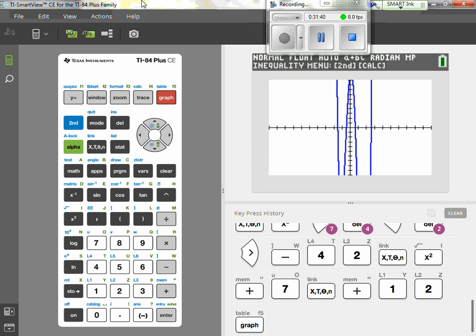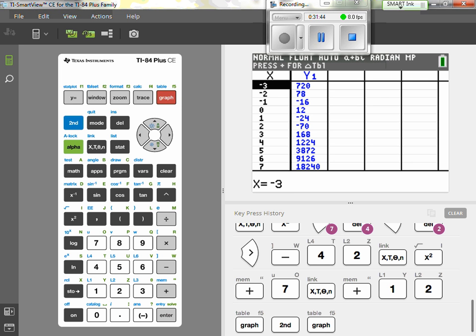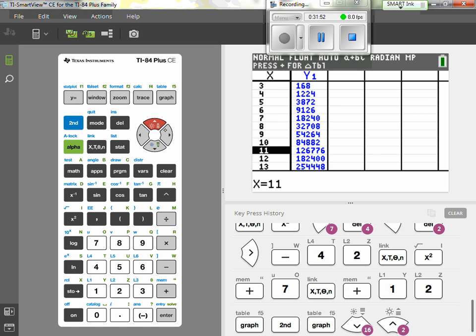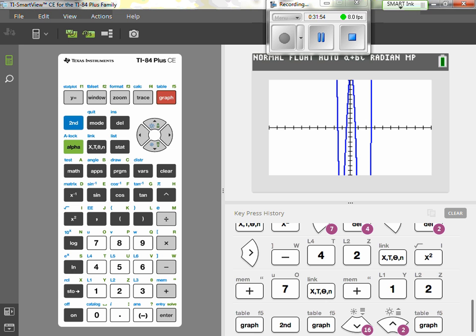If I go second table, I look at this table. Back at the graph. Now, one of these spots is a whole number, is it? Well, no, right?